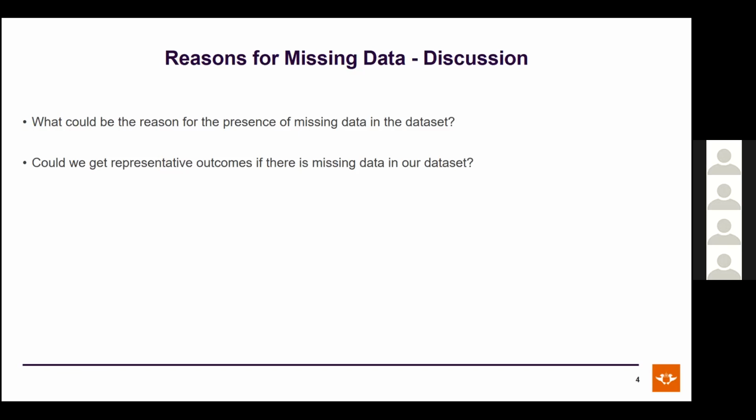So we're just going to take a couple of minutes and I would like to hear your thoughts on a couple of questions. What could be the reason for the presence of missing data in your data set? And could we get representative outcomes if there is missing data in our data set? Please feel free to drop your response in the chat, which is available, and let's have a conversation around this.